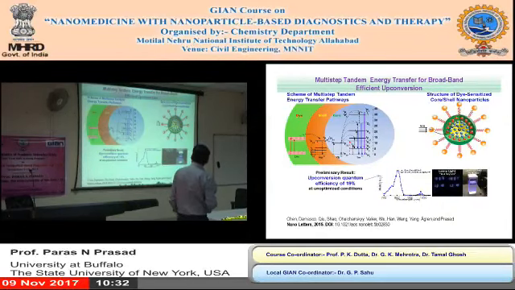And we showed that this upconverted emission is so much enhanced. Without this dye, the emission is very weak, this upconversion at 800 in thulium. But when you do this way, it is 100 times enhanced.